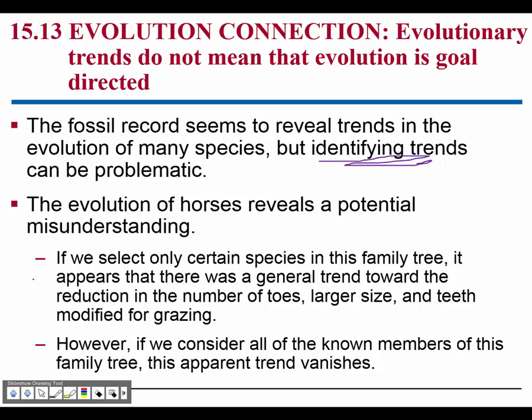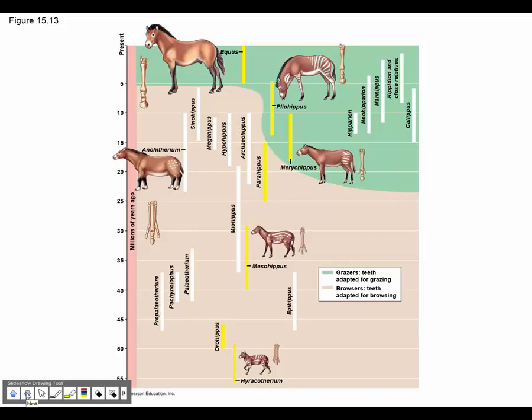So when we look at horses, if we select only certain species in the family tree, it appears that there was a general trend toward the reduction in the number of toes, larger size, and teeth modified for grazing. But if we look at all of the known members of this family tree, this apparent trend vanishes, right?